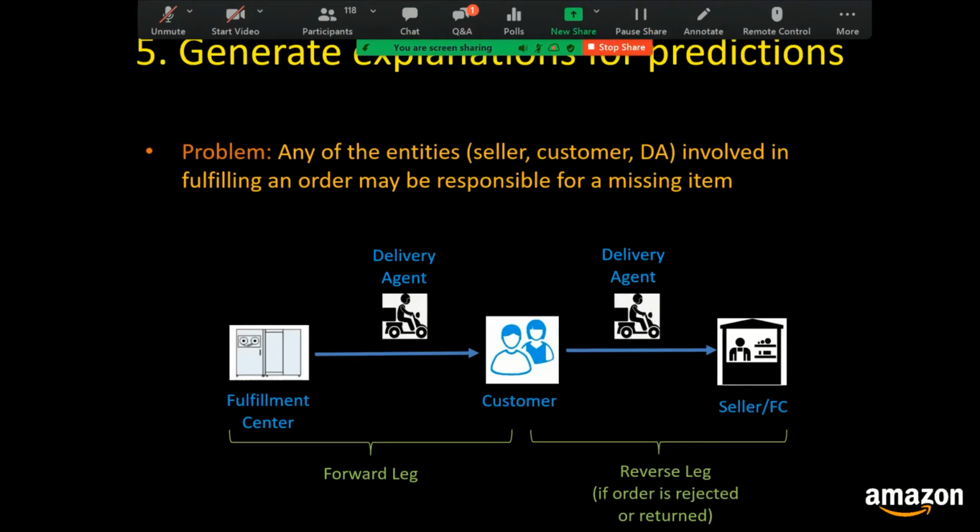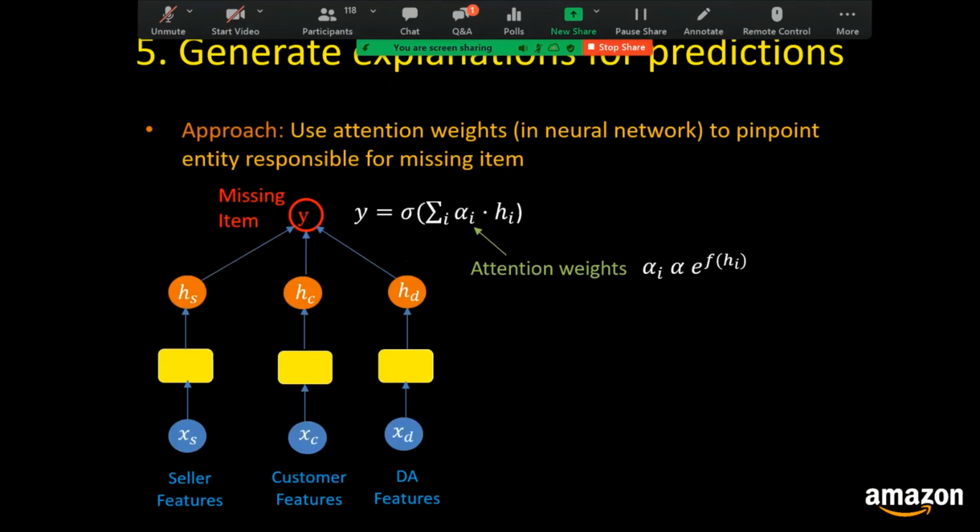Next slide. So we use attention weights in neural networks to pinpoint the entity responsible for the missing item. As shown in the slide, seller, customer, and DA features are input into the neural network.